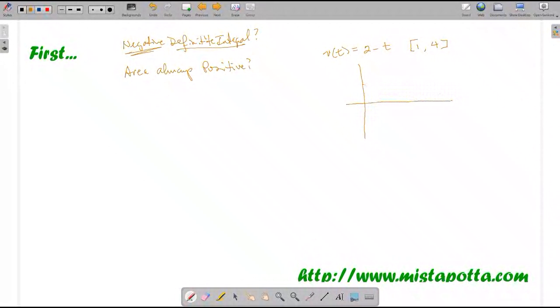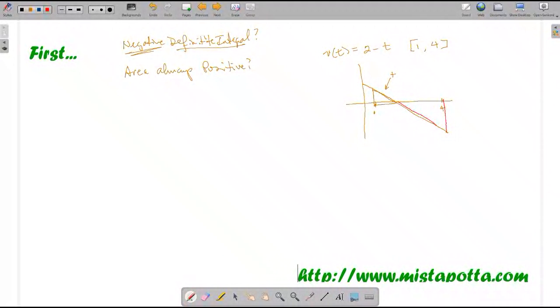So this is going to be a line with negative slope from 1 to 4. And what happens is I have an area that lies completely above the x-axis, and this is a positive area. But I also have an area that lies completely below the x-axis.